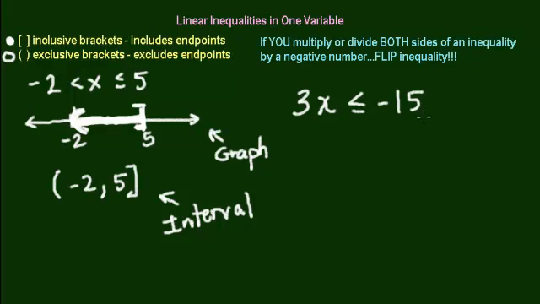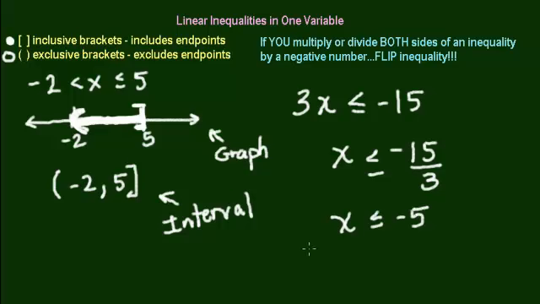For this one, I'll divide both sides by 3, asking myself the question, did I multiply or divide both sides by a negative? I'm dividing by a positive 3, so no, I did not. So I just keep that same inequality symbol, and then I'll say that x is less than or equal to negative 5. Writing this in graphical notation, I draw my little graph and put a negative 5 on there. Noting that x is less than this, I'm just going to follow the arrow.